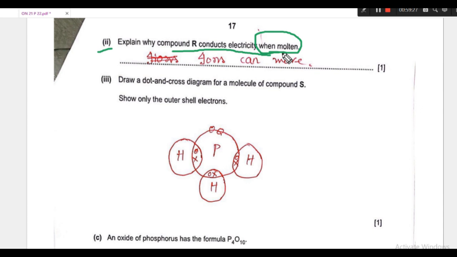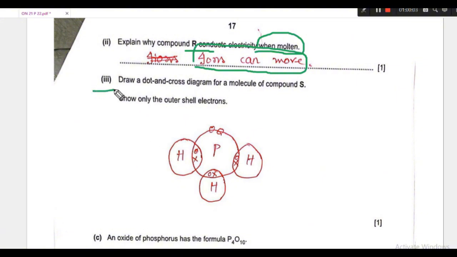Ionic compounds conduct electricity when molten because in the molten state the ions can move. The ions become free to move. But in solid state, the ions are in fixed positions. They cannot move. That's why when molten the compound conducts electricity, because ions can move freely.